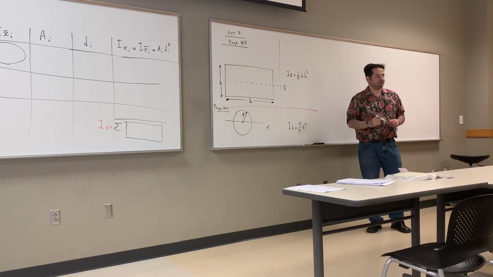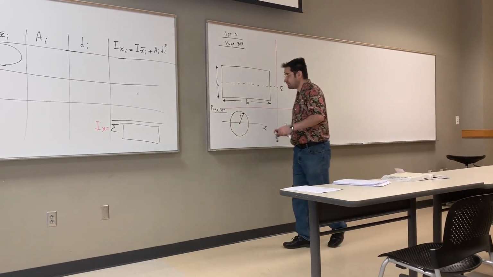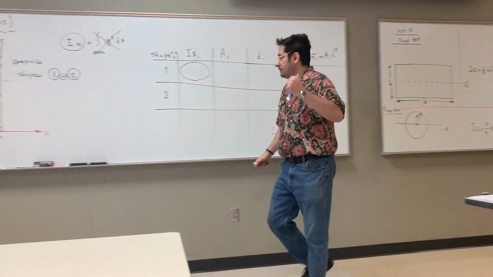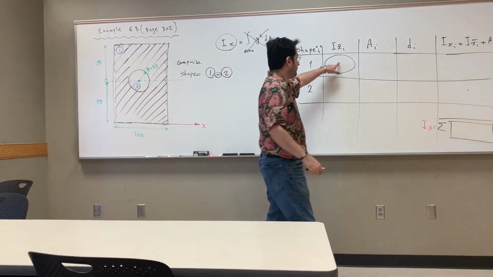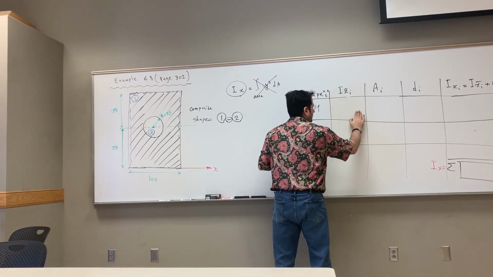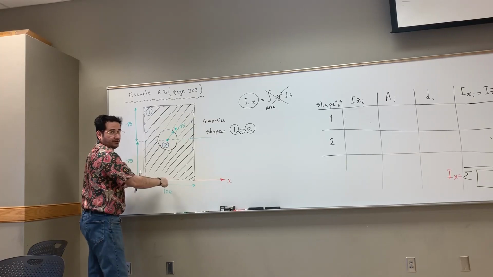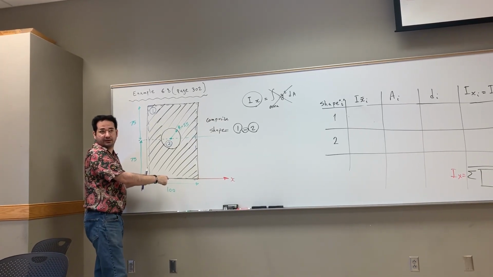That's the formula. See that? All right, so let's use the formula. If I have that formula, what should I put here? I go to shape 1, the solid rectangle.